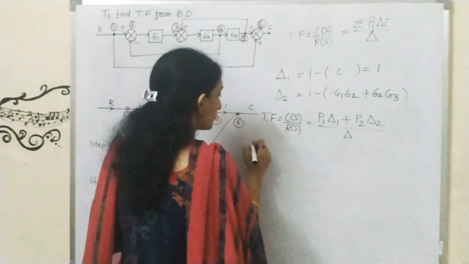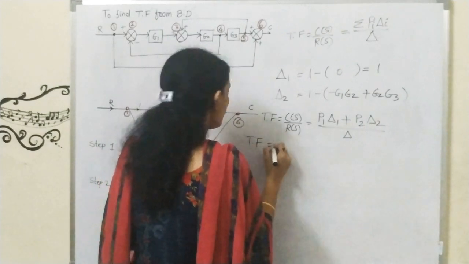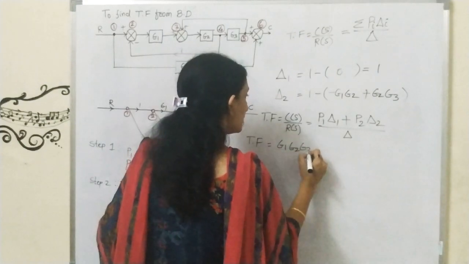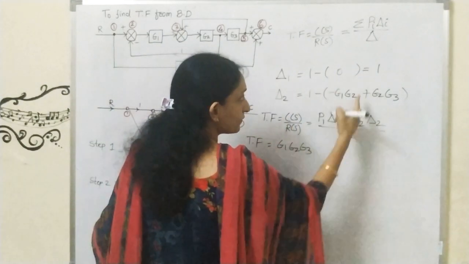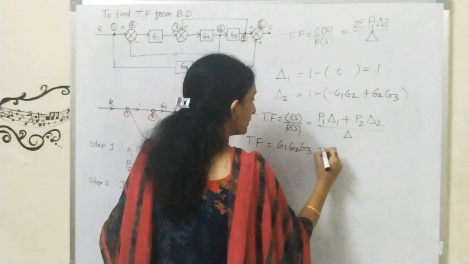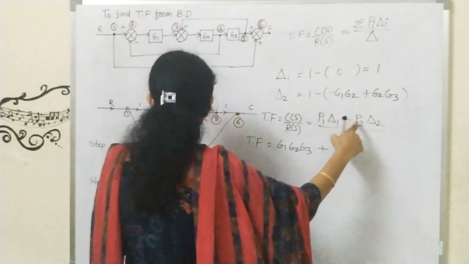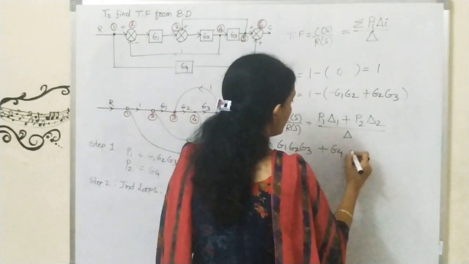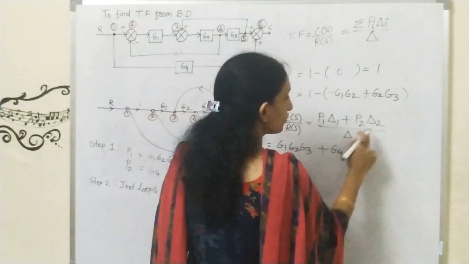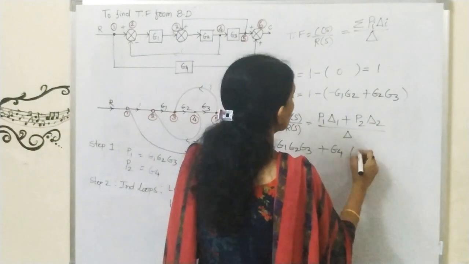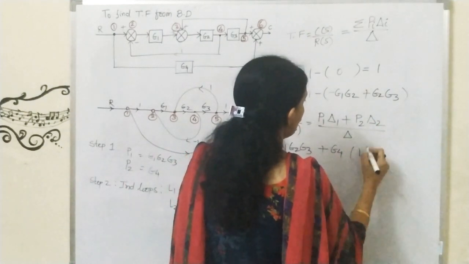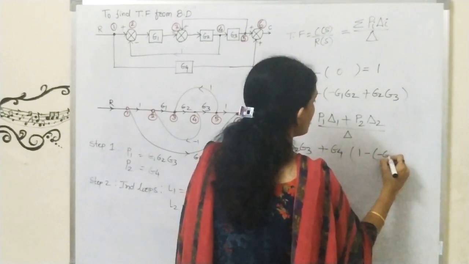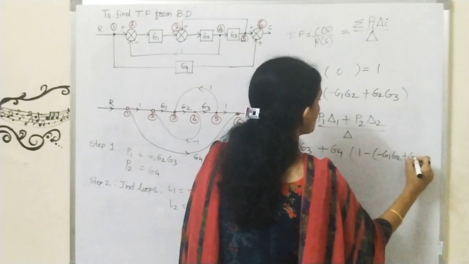Accordingly, P1 is equal to G1, G2, G3. Delta 1 is equal to 1, so multiply it with 1. Then P2 is equal to G4, multiplied by delta 2.